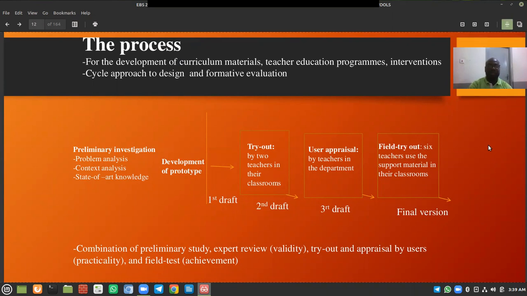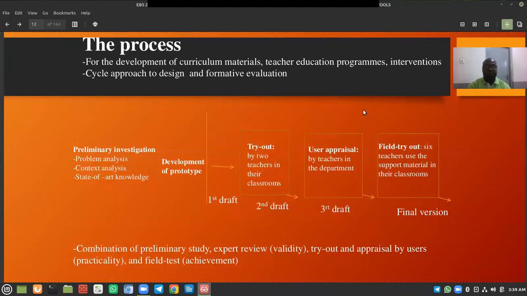Right. So, as I was saying, we got to the point where we wanted to talk about the process of curriculum designing or designing an instructional material.